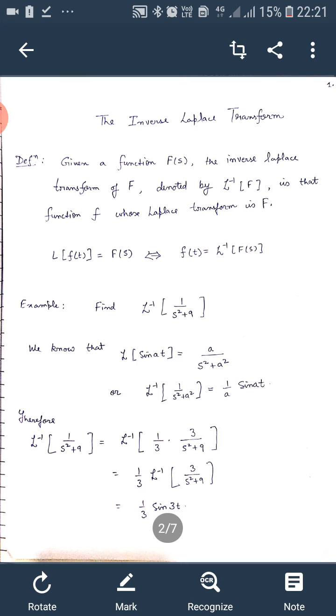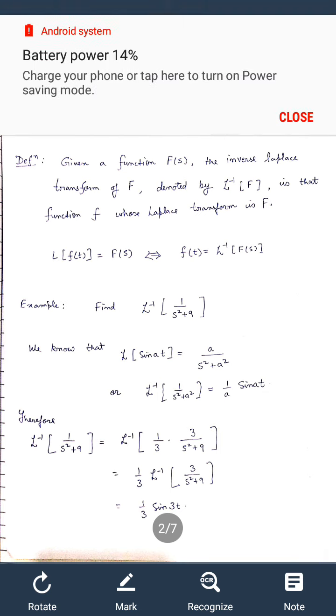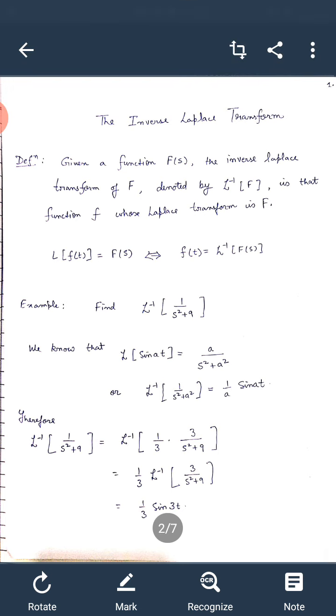We have already derived the formula for the Laplace transform of the function sine at, which is a over s square plus a square. Written as an inverse Laplace transform, the inverse Laplace transform of 1 over s square plus a square is 1 over a sine at.